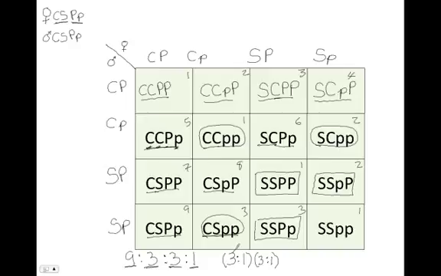And if we do simple FOIL, first outside, inside last, we get 3 times 3 is 9. 3 times 1 is 3. 1 times 3 is 3. And 1 times 1 is 1. So that's where we get our 9 to 3 to 3 to 1 ratio. It's just simply multiplying the two 3 to 1 ratios together.